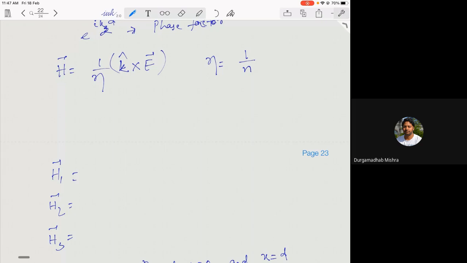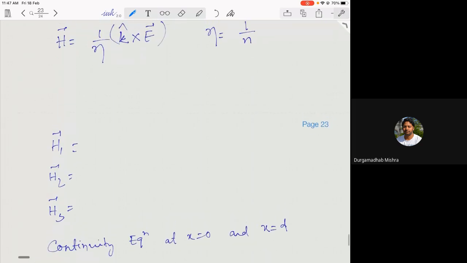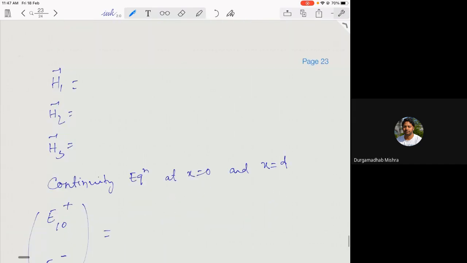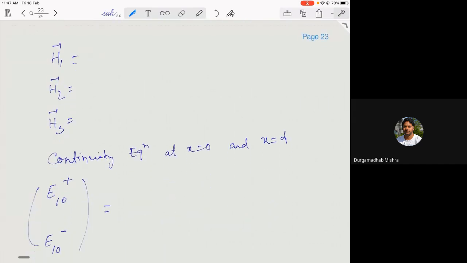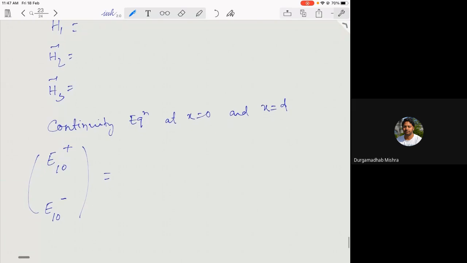So when you take the ratios, you will see it is nothing but equal to the refractive index of the material. So E10, you can write it down in this simplified version.